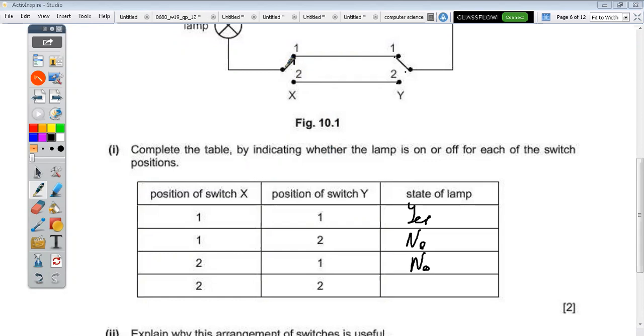Position 2 means I'm moving this to that. So this is closed, I'm moving this to this, so it closes, there is a complete circuit. So this is yes.